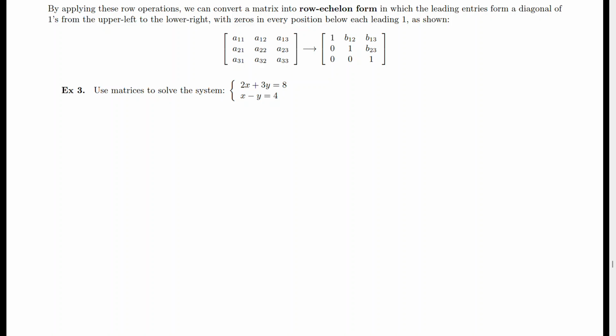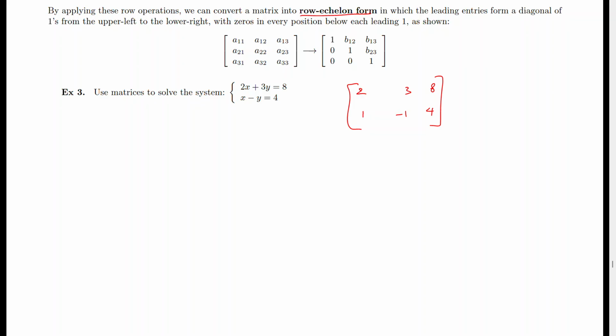The whole point of row echelon form is to take a matrix with a bunch of random numbers like 2, 3, 8, 1, -1, 4, so this is an augmented matrix, and turn it into a matrix that has basically a 1 in the first row, first column, then 0 underneath that, some random number in the second column, first row, and 1 again here, and some random number as well there.